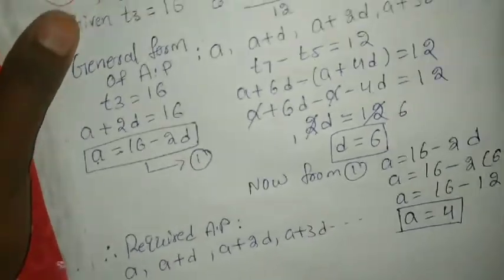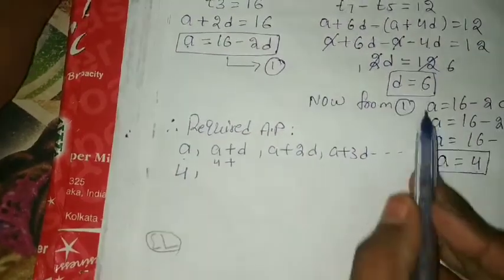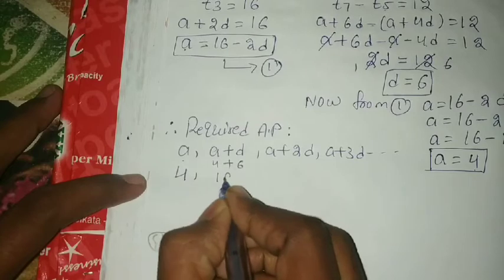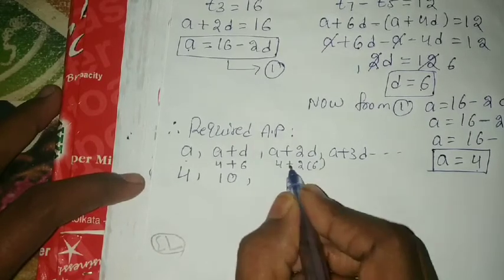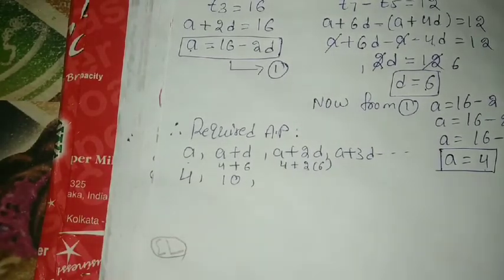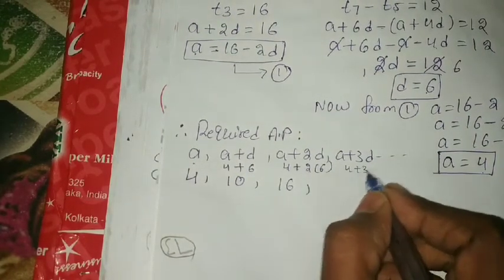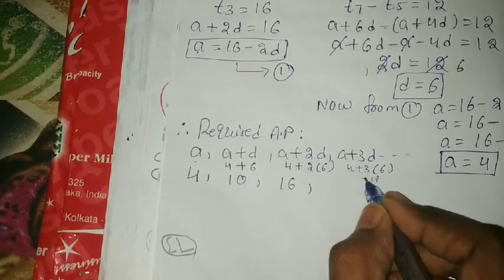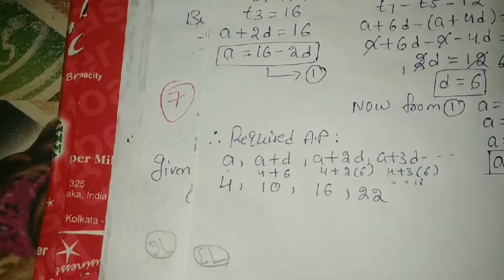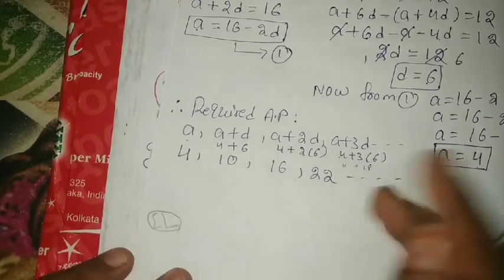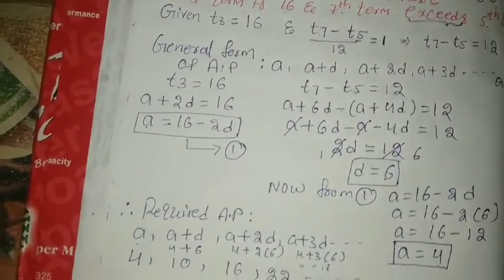Write down 4, comma. a plus d: 4 plus 6 will become 10, comma. a plus 2d: 4 plus 2 into 6, that is 12, 12 plus 4 is 16, comma. a plus 3d: 4 plus 3 into 6, 6 threes are 18, 18 plus 4 is 22. Okay, and so on. So this is the required arithmetic progression. Understand? Before that, pause the video to note it all down.